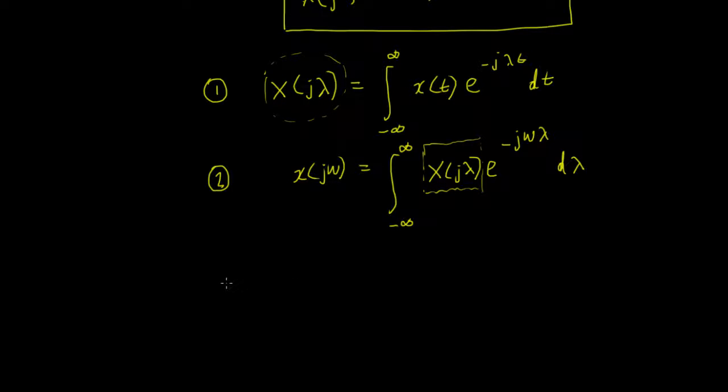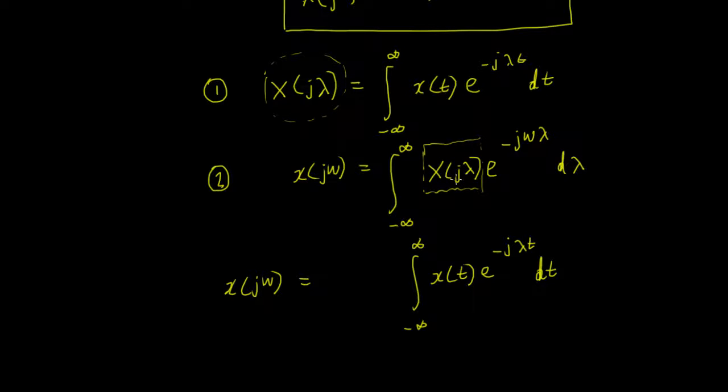Then we'll end up with x of j omega equals, well, we'll write this out first, the integral from minus infinity to infinity of x of t e to the minus j lambda t dt. So that's this point here.